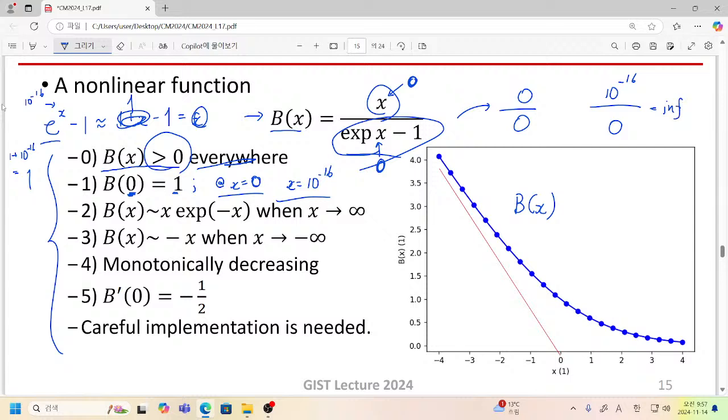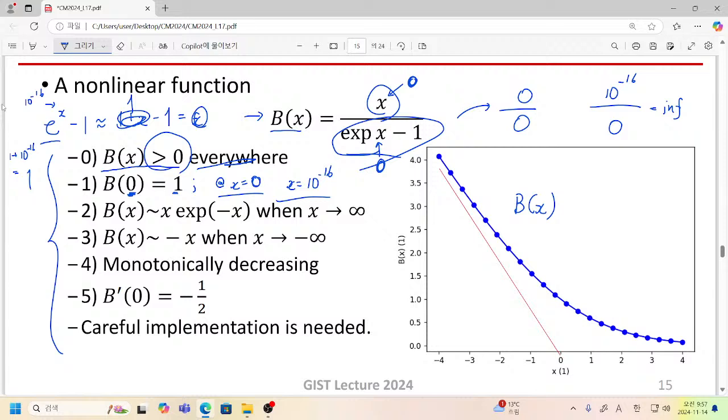So simply speaking, when you actually implement your Bernoulli function in your computer with given precision, please be careful around number 0. Not exactly 0, but around number 0 there can be a certain problem, so please be careful.